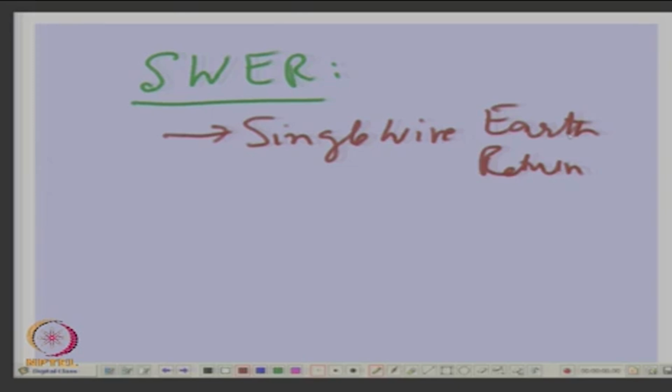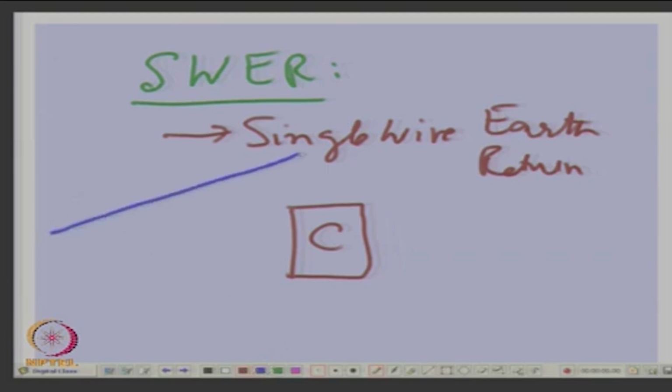So, all you do is, if there is a consumer, okay, you just draw one line, single wire, this is a transmission line, and through which you supply power to the consumer, okay, and earth return, okay, single wire earth return system.